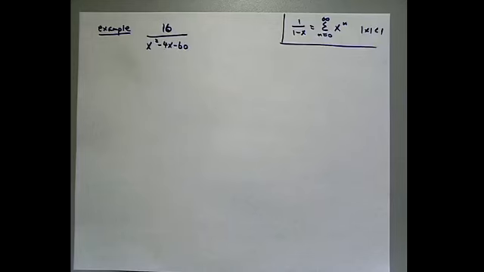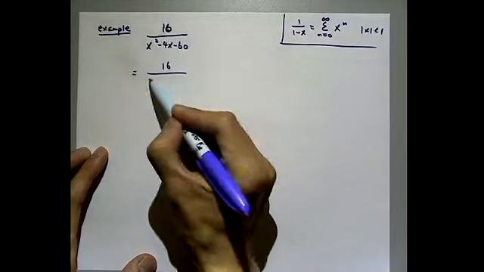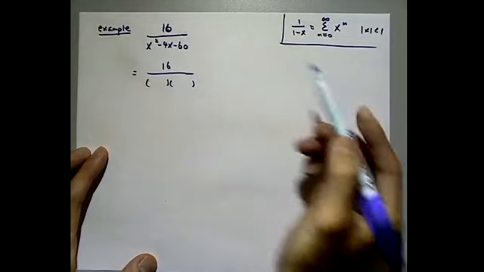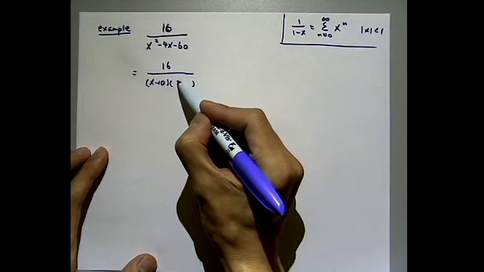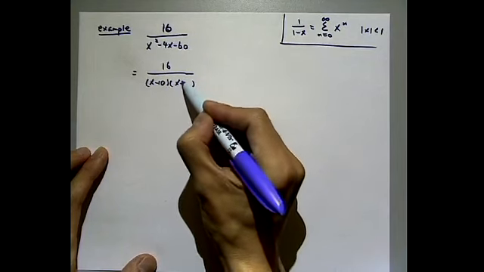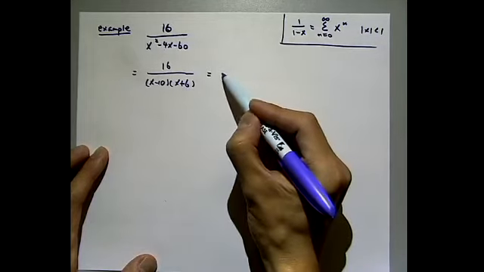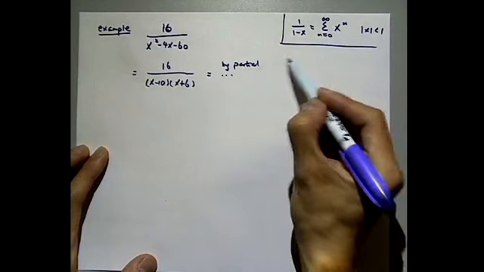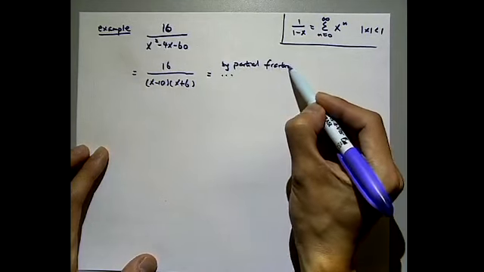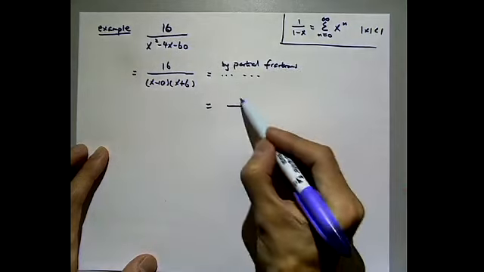Partial something. Partial fraction. Very good. So here's what we do. You factor the denominator downstairs. I won't carry this completely out, but just to show you the basic idea. So by partial fraction, we get this thing.